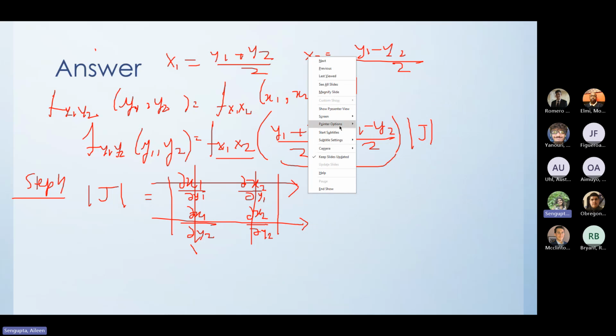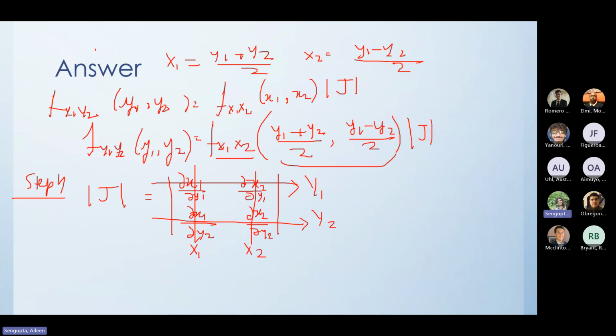So anything that sits on your vertical axis is what you already have, x1 and x2. And anything that sits on your horizontal axis is your y1 and y2.